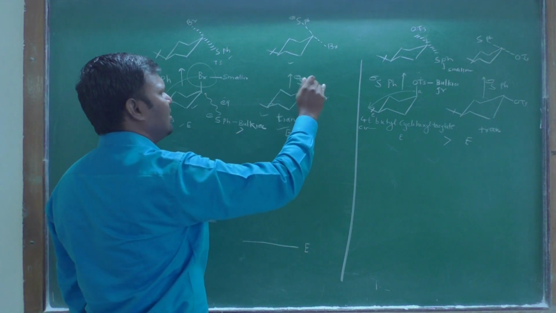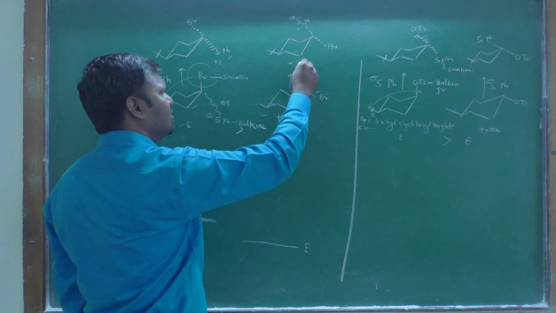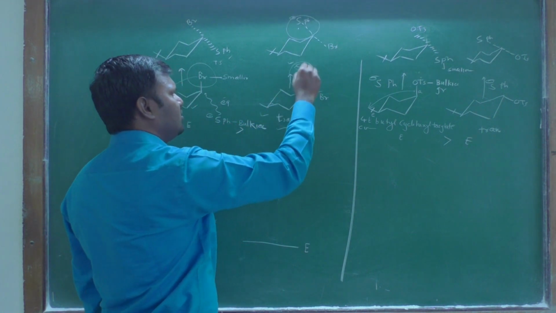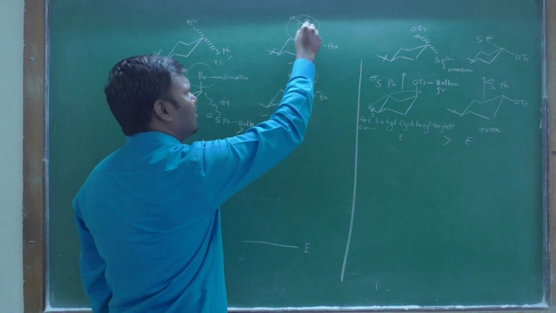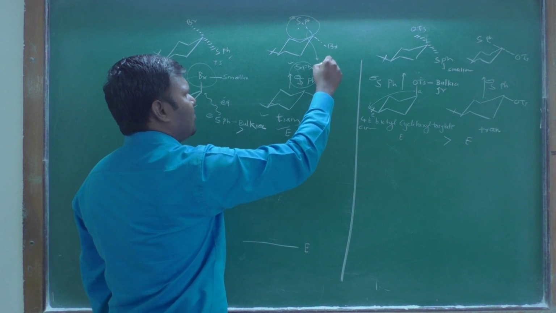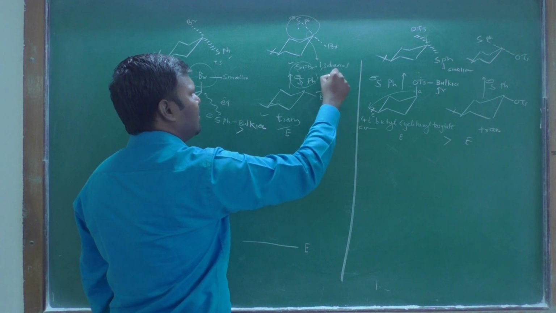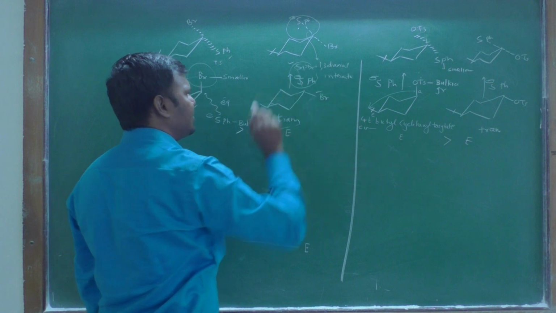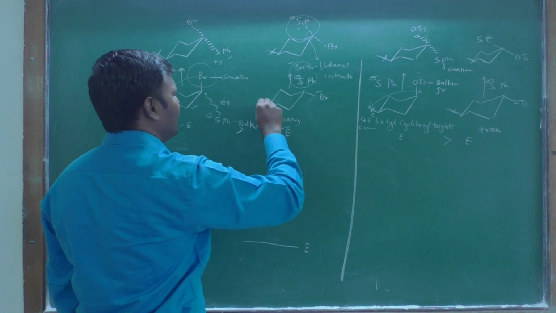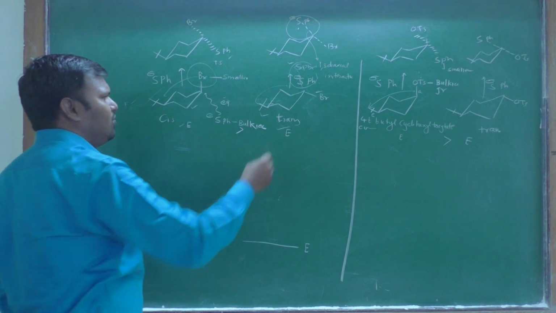When SPh is attacking from the top side, this SPh, being a bigger and bulkier group, feels a 1,3-diaxial interaction when you attack from the axial position. There is also a bulkier group interaction, since SPh attacks from the opposite side of the leaving group.